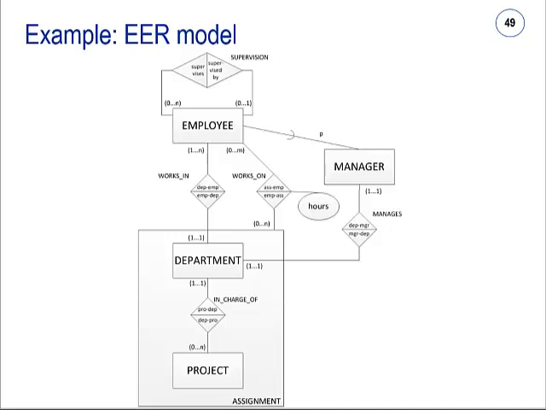At the level of this aggregate or composite, as we already said earlier, you can then define attribute types and relationship types. Here you can see that the relationship type works on has been defined at the level of the aggregate. So the aggregate assignment, or the composite, is then related to employee using the works on relationship type.